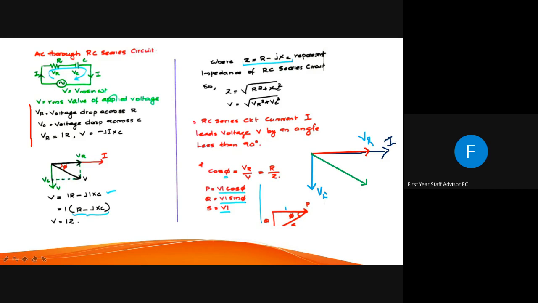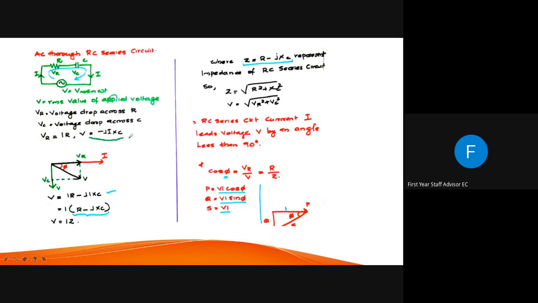Okay, again look at the phasor diagram. You can see that the capacitor voltage is on the negative side of the imaginary axis. So what will be the value of the capacitive voltage phasor? It is minus JIXC.